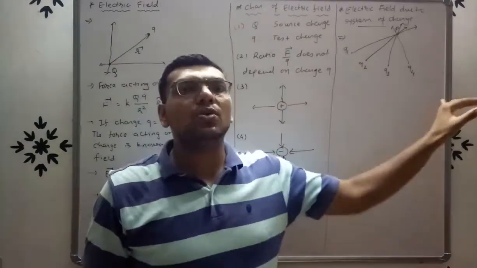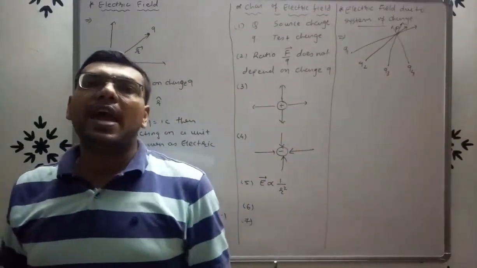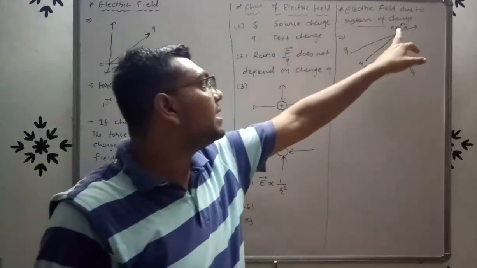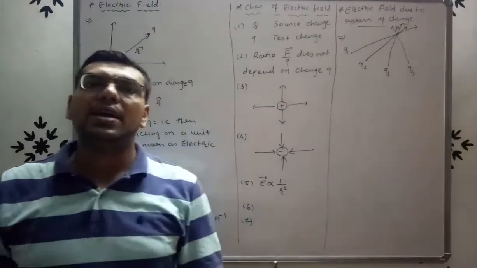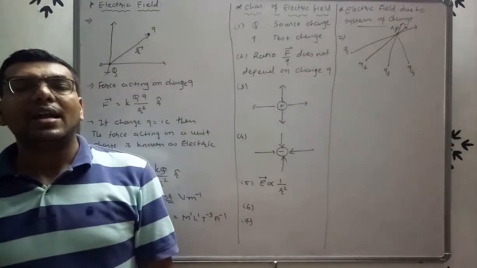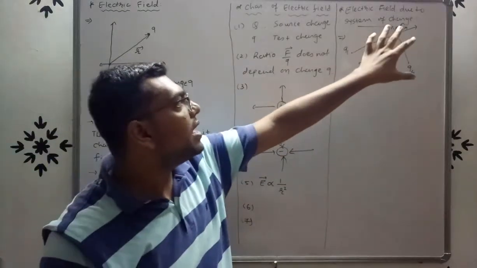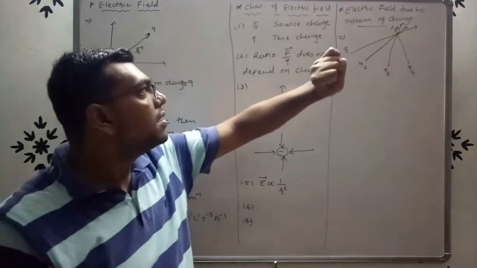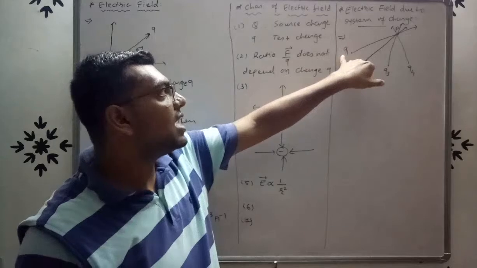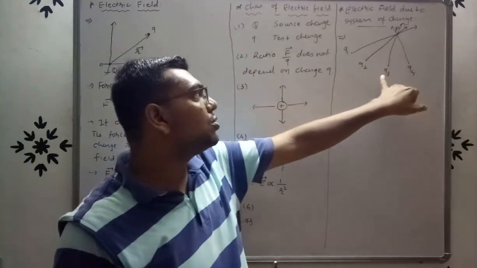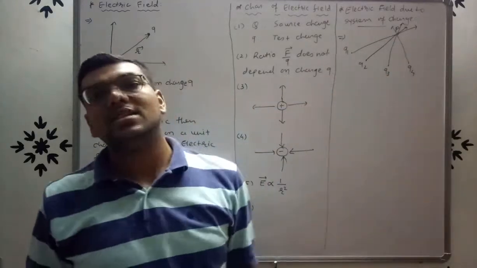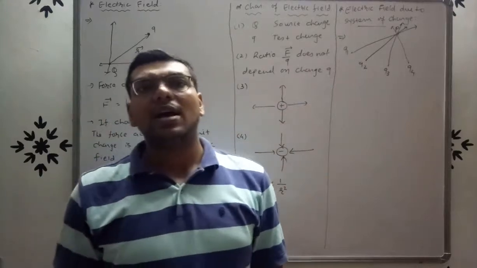So as shown in the figure, we have to find out the electric field at point P. Here the electric field at point P is due to charge Q1, charge Q2, charge Q3 and charge Q4, right?